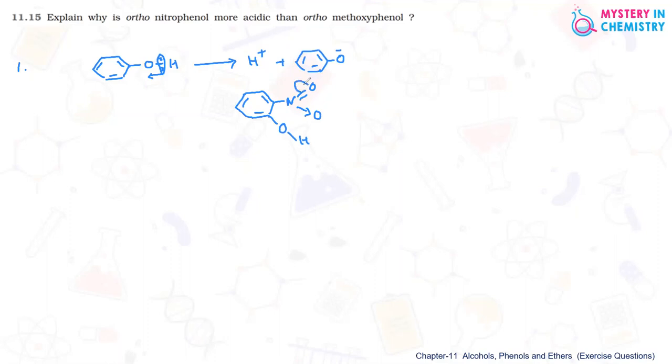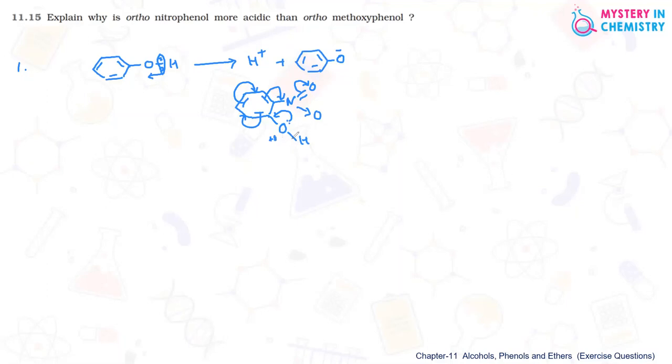Electrons are shifted to oxygen because oxygen is more electronegative, and this electron pair comes over here, and with this the bonding pair of electrons is going here, making the oxygen more positive.